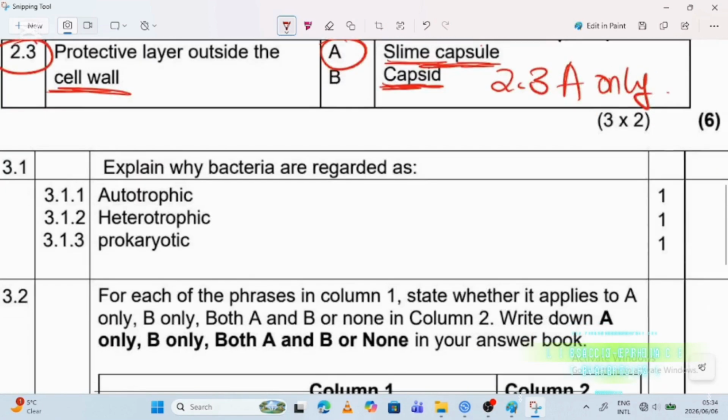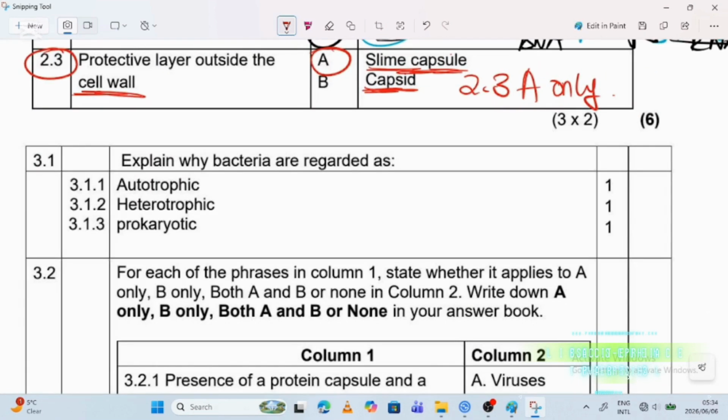Right. Now they say explain why bacteria are regarded as autotrophic, heterotrophic, prokaryotic. Autotrophic bacteria are bacteria that can generate their own food.